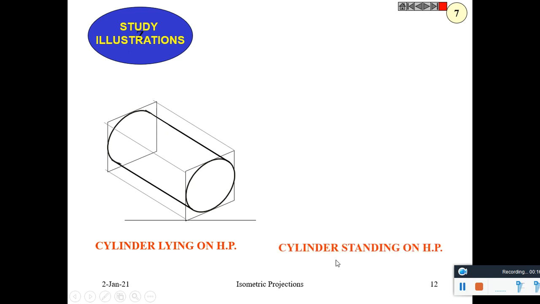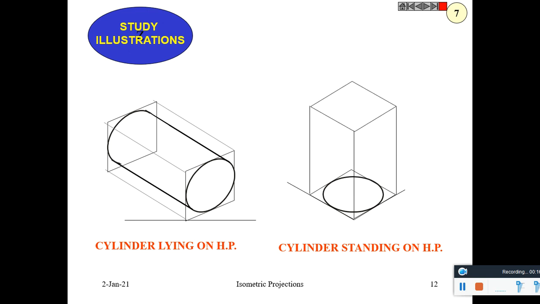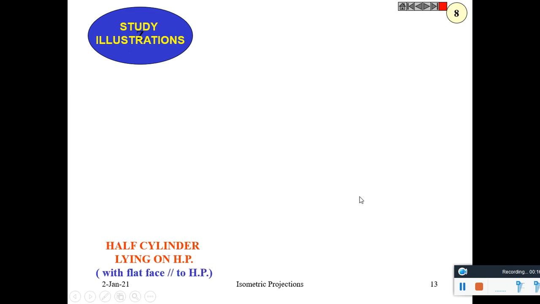A cylinder standing on HP. First of all, draw its top view. Its height is drawn. Two sides are drawn, and this portion is hidden. Half cylinder lying on HP.